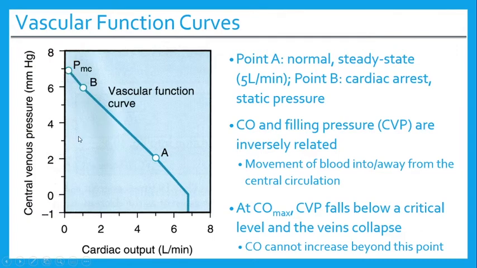And so basically what you see from this graph is that cardiac output and filling pressure, central venous pressure, or preload, however you want to call it, are inversely related. As the heart pumps out more blood, more of that blood is entering the circulation, and as more blood enters the circulation, more of it is going to be stored in those compliant veins.